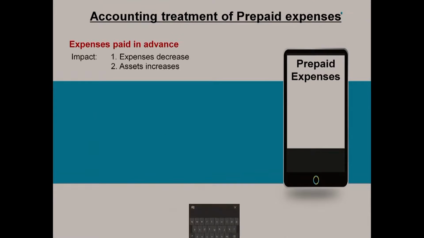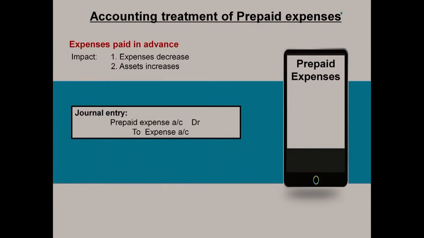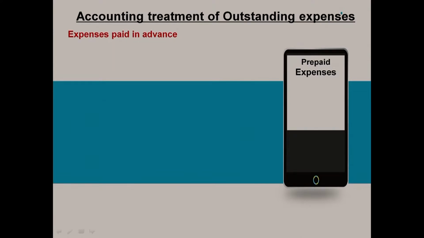Now expenses that are paid in advance, what is the impact of these? These expenses decrease, it's the opposite. In the previous one you saw that expenses increase, and here the expense is decreasing, and the asset increases. So the journal entry would be prepaid expense debit to expense account.